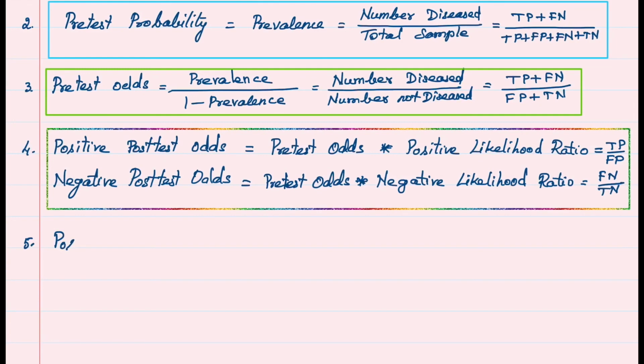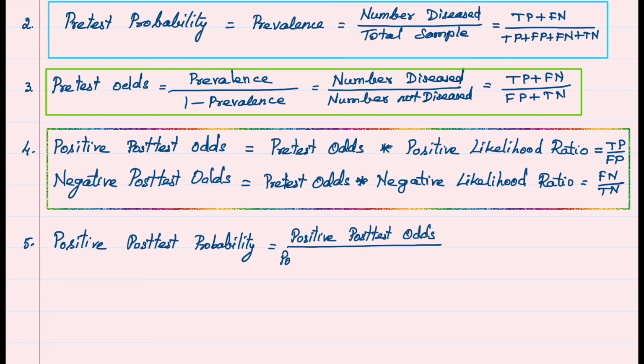Next formula is for positive post-test probability. And it is positive post-test odds divided by positive post-test odds plus 1. Same way we can simplify this formula. Positive post-test odds is TP divided by FP, and in the denominator we have TP divided by FP plus 1.